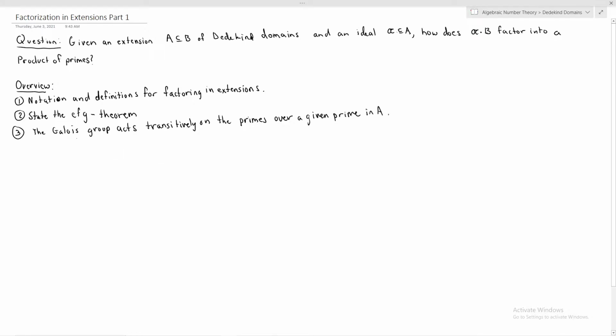Again, I'll clarify this statement, like what the phrase primes over a given prime means. But basically, the gist is that the Galois group acts transitively on some set of primes.